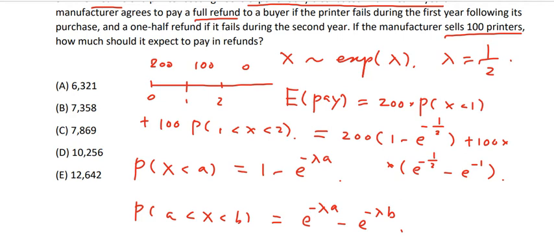So this is the expected value for payment for each item. So the answer is, you should multiply by 100, right?